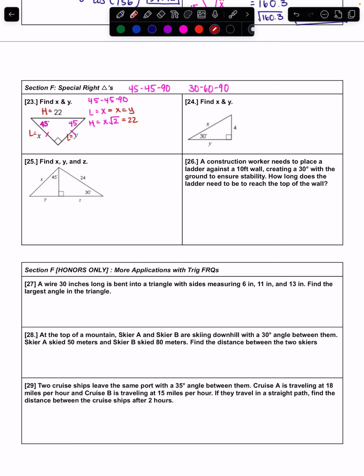So we take x rad 2 equals 22, and we divide both sides by rad 2. That eliminates the rad 2 on the left side, but on the right side we have an issue: we have a radical in the bottom. We cannot have radicals in the bottom.